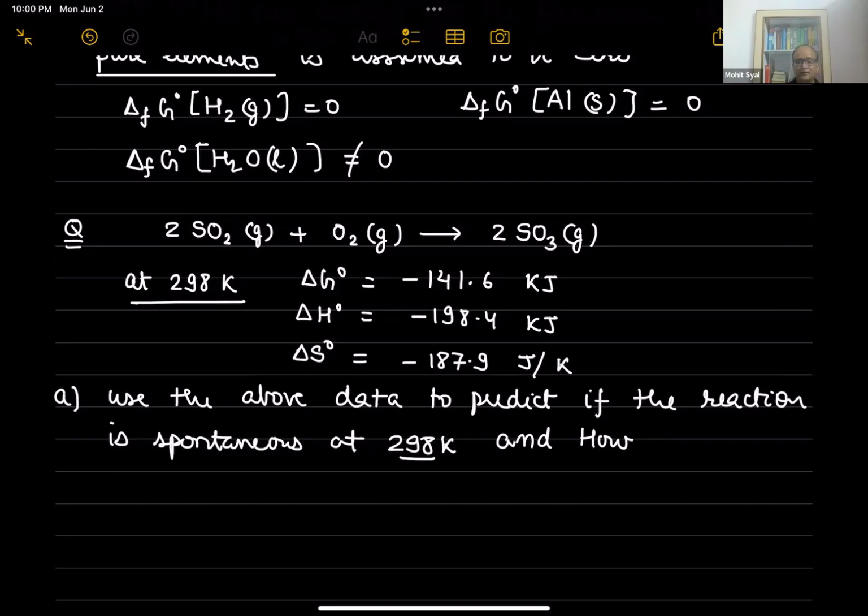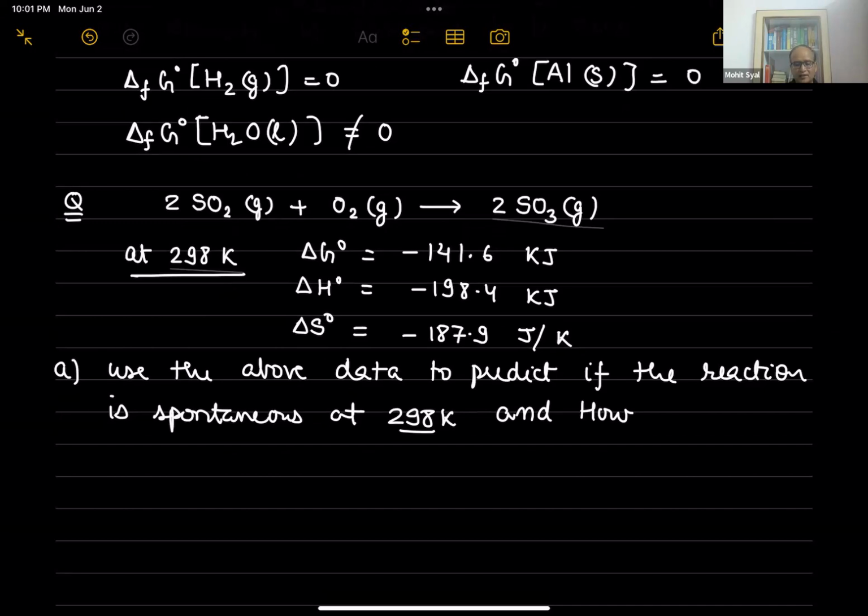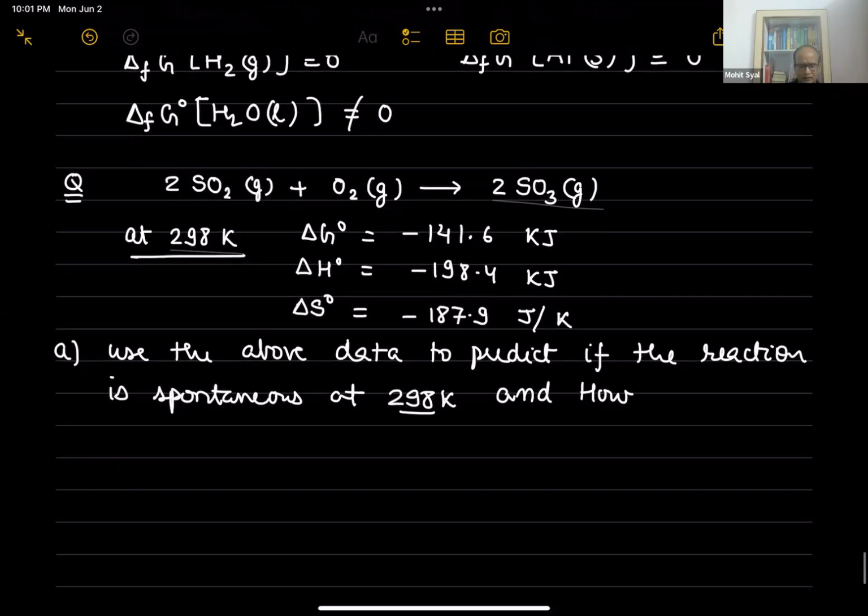Okay, Nabil, are you getting this? Yes. The Gibbs energy change is given to you, and that is at 298. And it is asking whether the reaction is spontaneous or not. Look for the sign of delta G naught. If that is negative, it is spontaneous. So this is one part of the question.